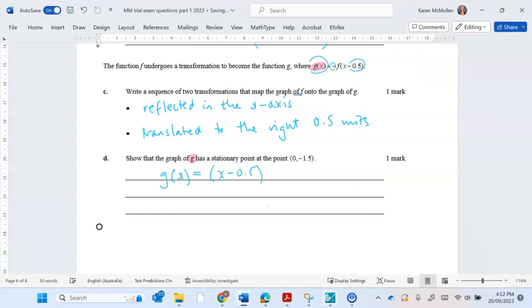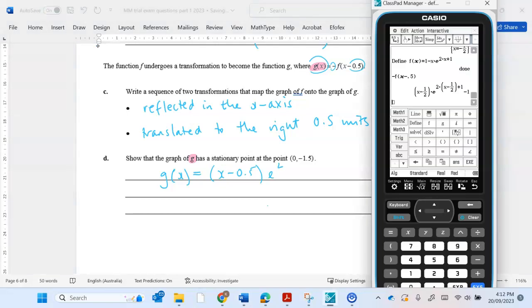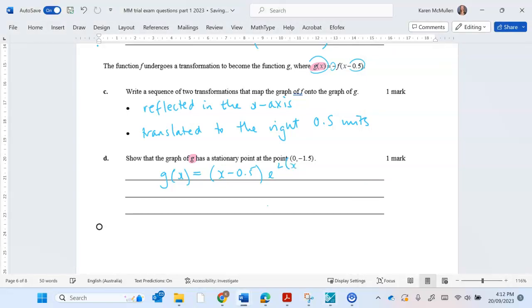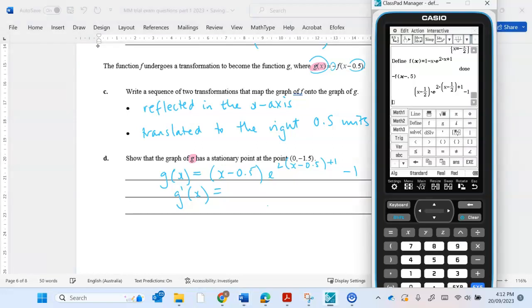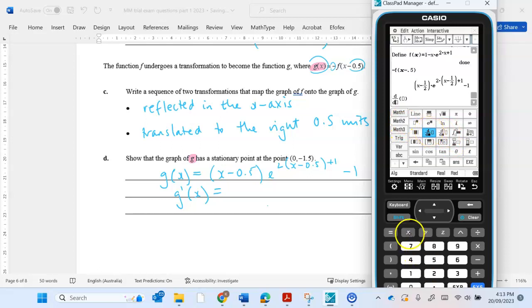I'm going to use decimals because there's decimals in the question. e to the 2x minus 0.5 plus 1 minus 1. So g dash x. The more I do this, I'm thinking just show using mapping. So time consuming.